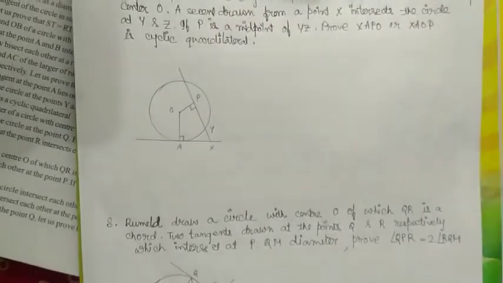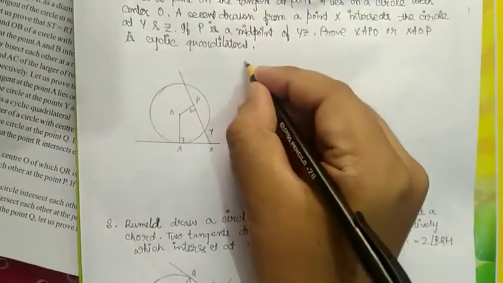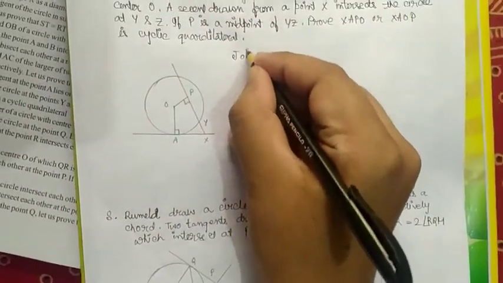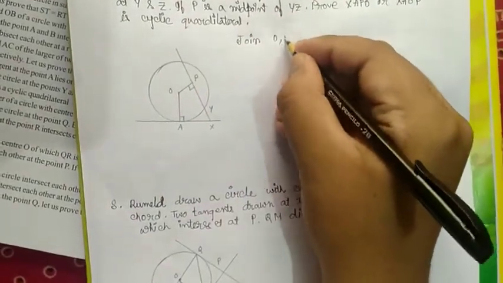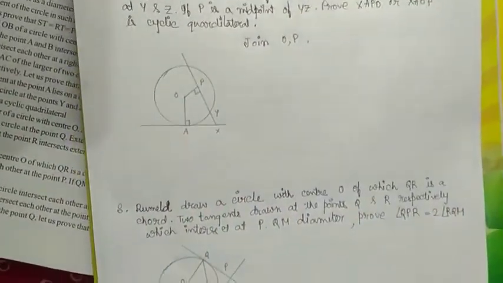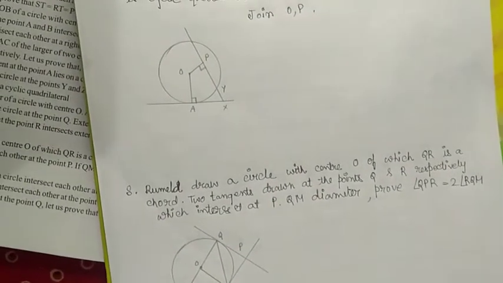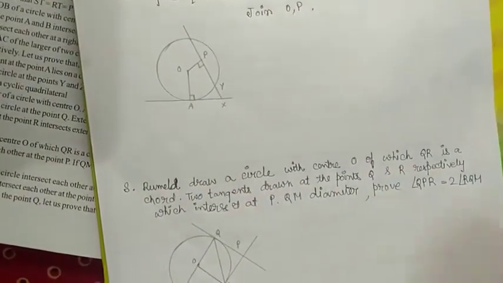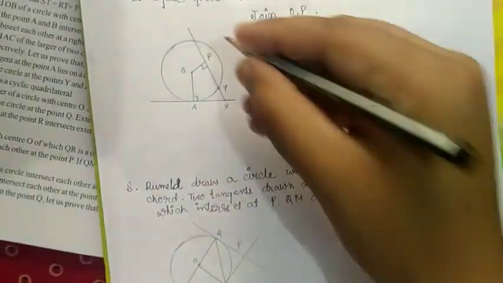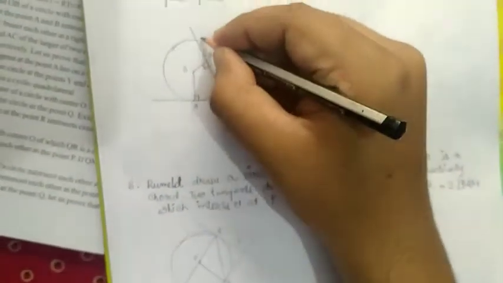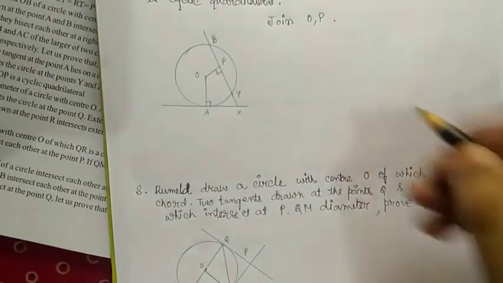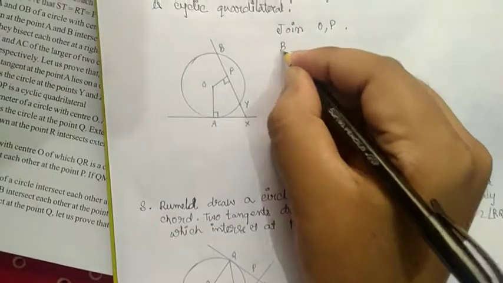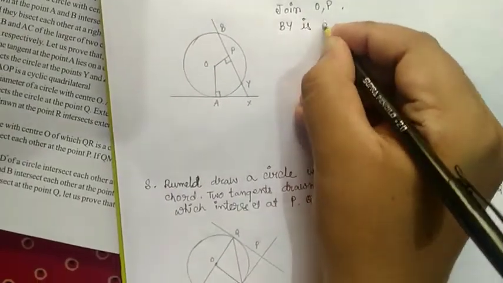So first of all, we have to join OP. Join O and P. Now, this is the secant, and suppose this point is B. So here BY is a chord.